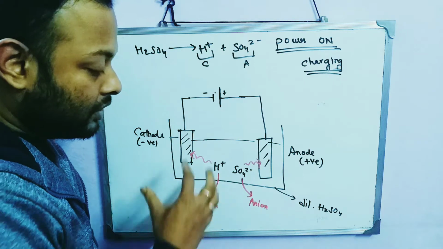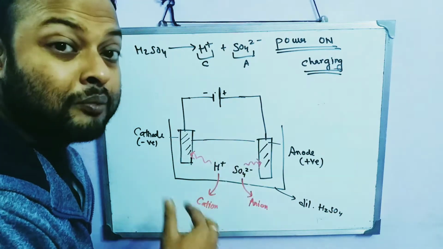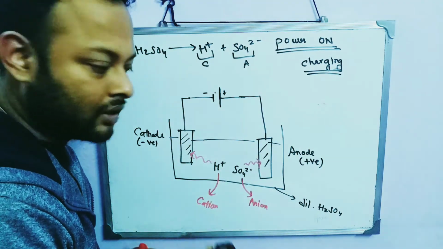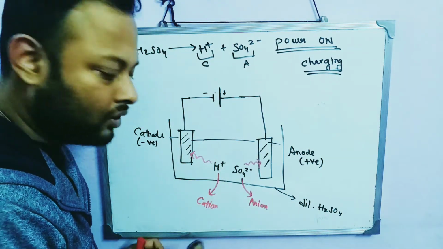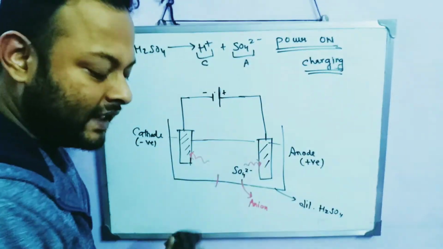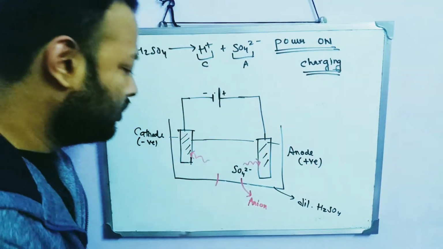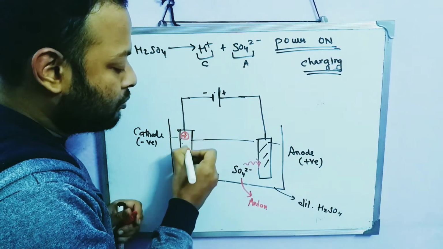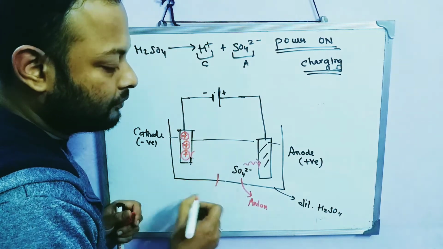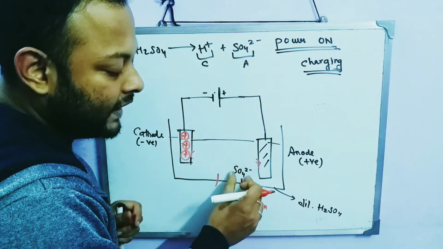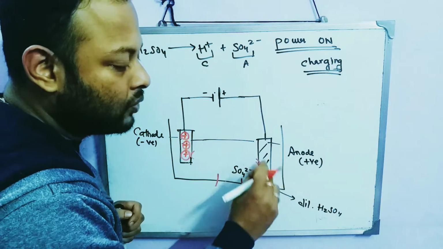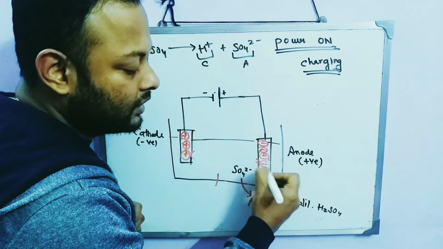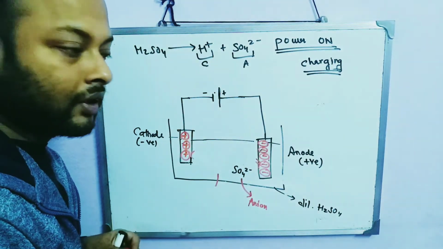Now think, there is not a single H plus ion, there are many H plus ions. All the H plus ions in the solution will travel towards the cathode, so over here positive charges get accumulated. Similarly, all the negative anions will travel towards the anode, so ultimately this becomes negative, negative, negative. All the negative charges are there, right?